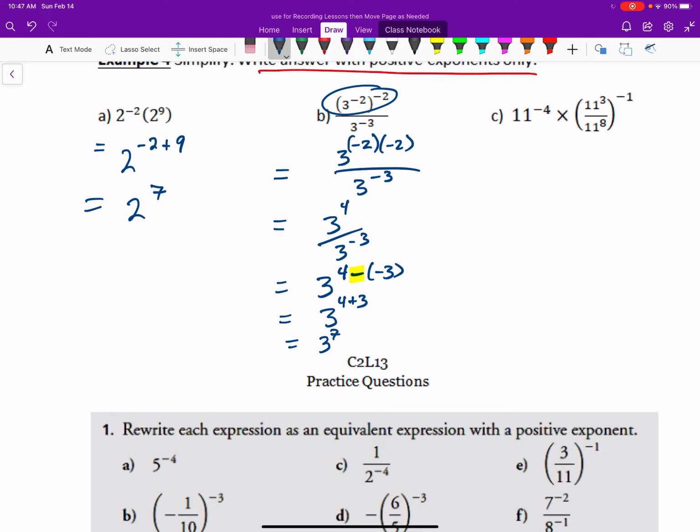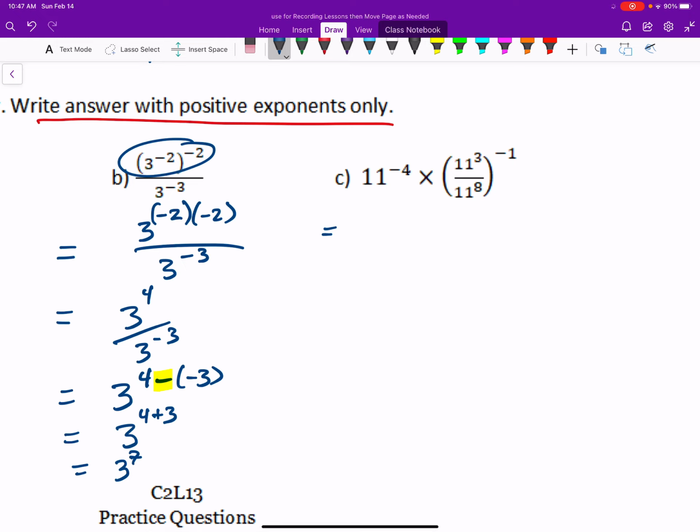For part C, I would simplify the fraction. I'd simplify the fraction by flipping it upside down because it's already a fraction and it's to the negative 1. So I'd do it as 11 to the 8 over 11 to the 3, all to the positive 1, which doesn't do anything.